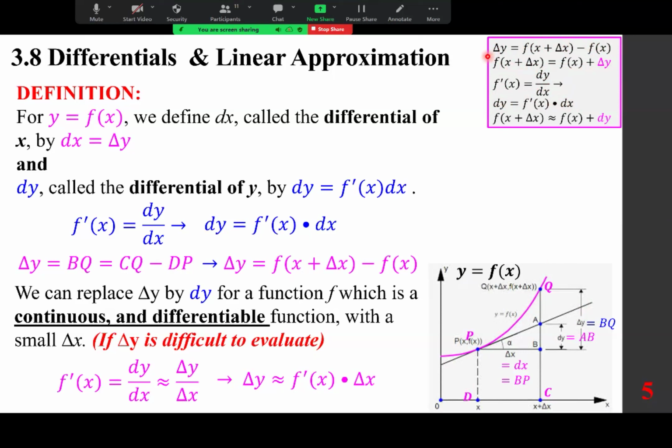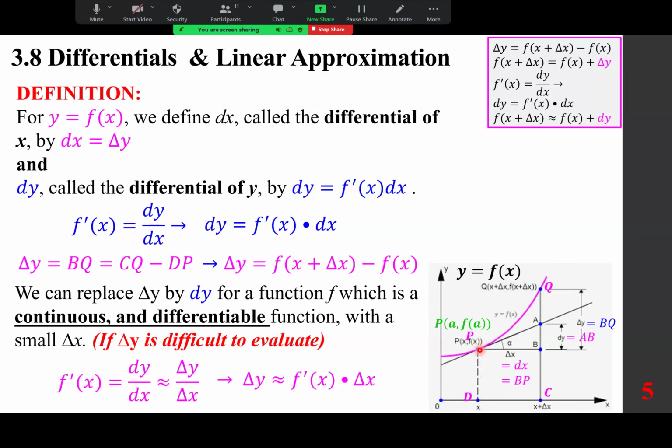So over here, we came up with f of x plus delta x equals f of x plus delta y. If I replace the delta y with dy in this formula, that gives us the approximation. We will look at examples of that later.